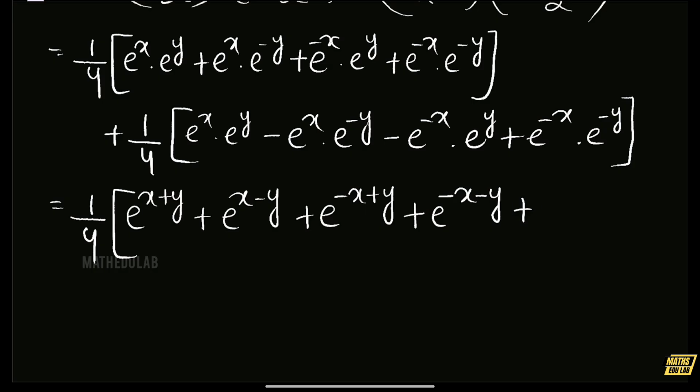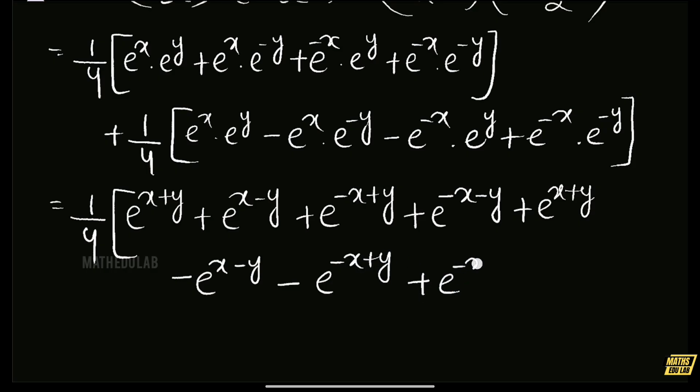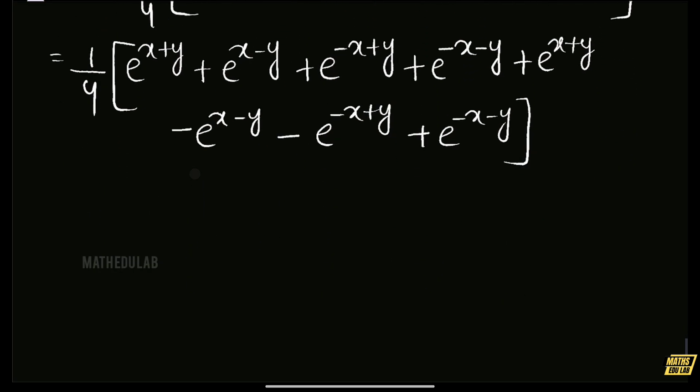Here I have taken 1 by 4 common from the previous step. So the next one will be e to the power x plus y minus e to the power x minus y minus e to the power of minus x plus y, then plus e to the power of minus x minus y.